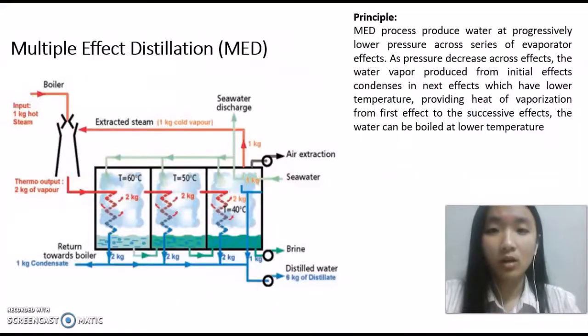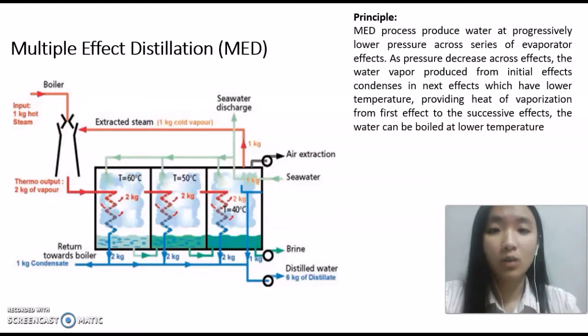The next seawater desalination technique is multi-effect distillation. In MED, there is a serial arrangement of evaporative condensers. We call each one an effect. MED produces water at progressively lower pressure across these effects.